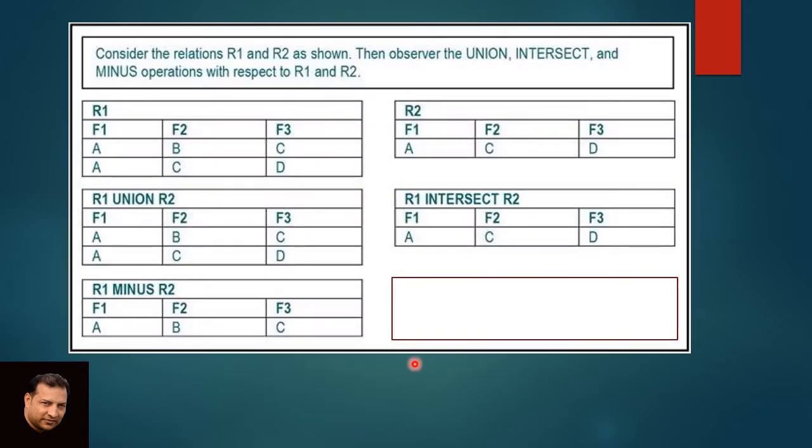Now see this example. We have two relations R1 and R2, relations means tables. R1 contains F1, F2 and F3 fields. Fields are also known as columns. So it contains AA, F2 contains BC and it contains CD.